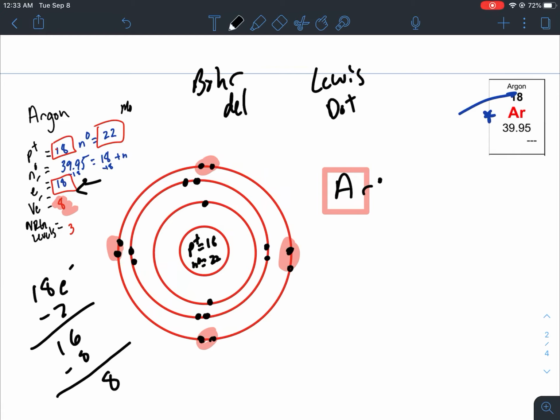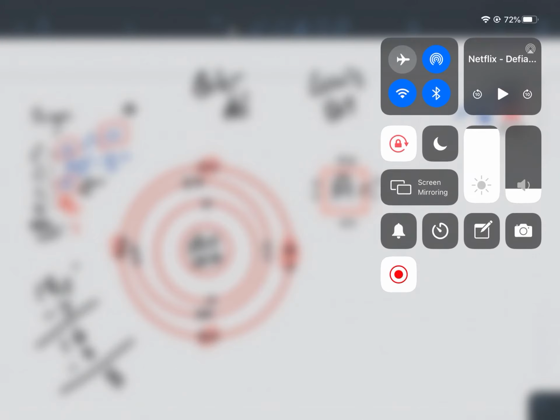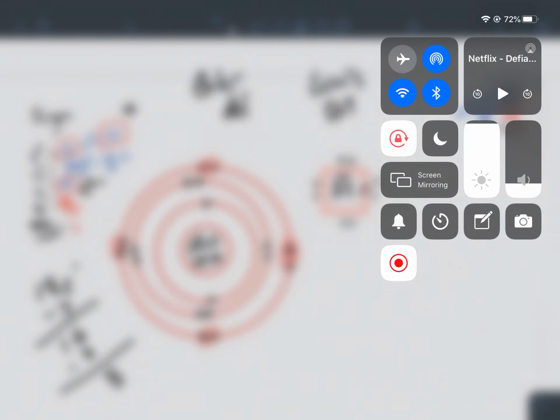So 1, 2, 3, 4, and since it's all 8, we're just going to go all the way around, but it does matter which order you put them in. You have to put them in the order that you filled them the first time. So that's all we're going to do for the Lewis dot and for the Bohr model. Hopefully this is just a recap for you guys.